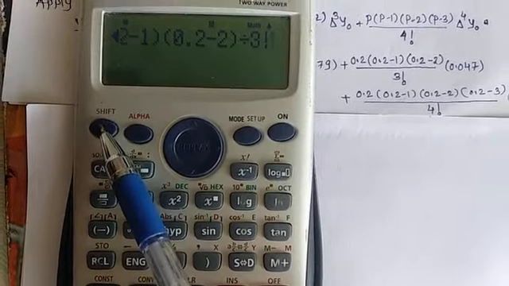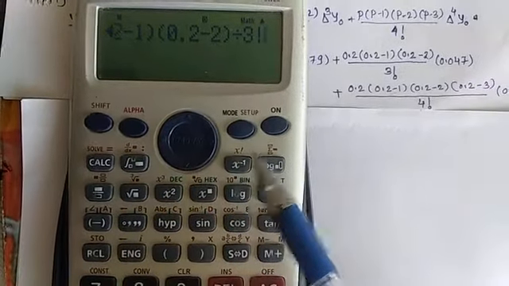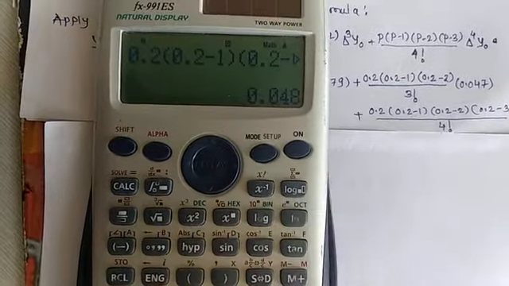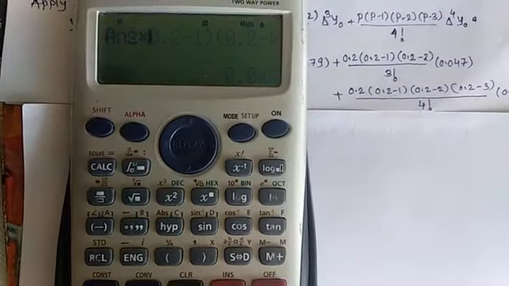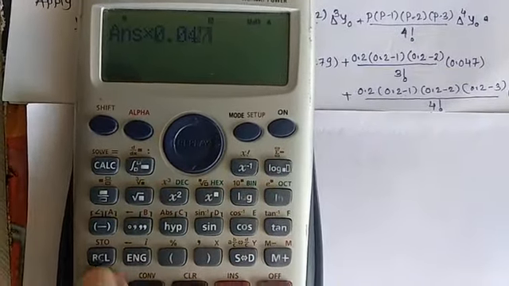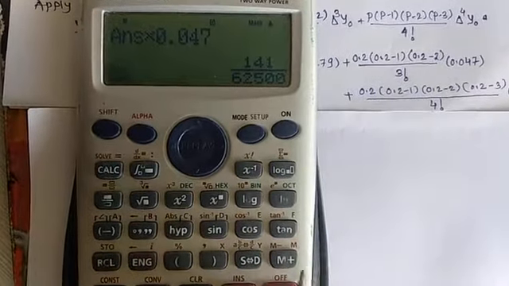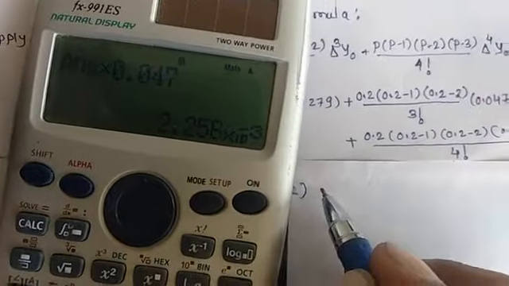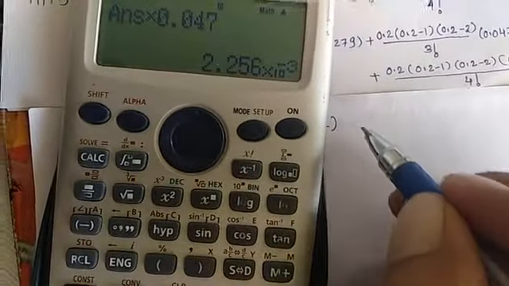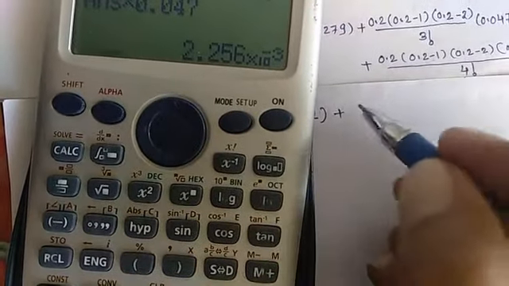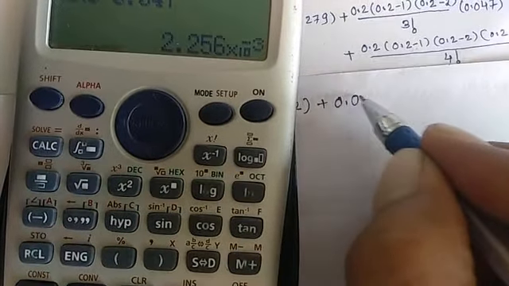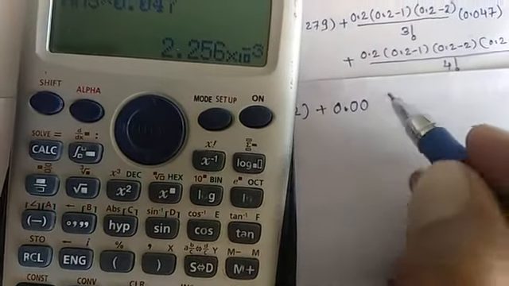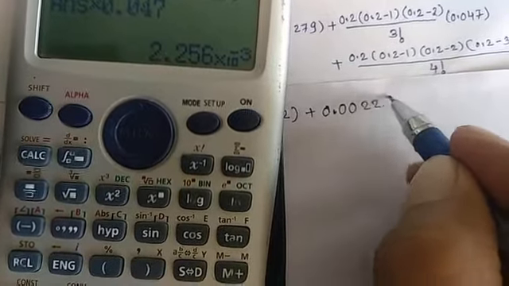You have to press shift first and after that x factorial, which gives us 0.048, and we have to multiply it by 0.047, which is 10 raised to minus 3, and it is a positive term. So plus, after the point we take 2 zeros and write the number 2256.